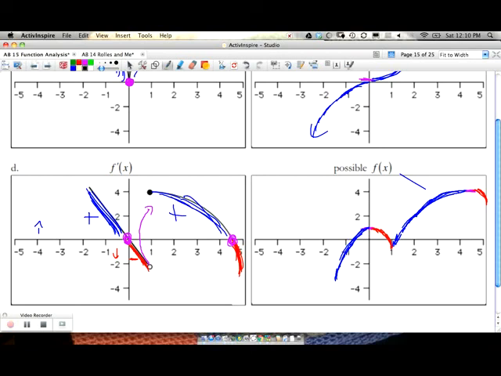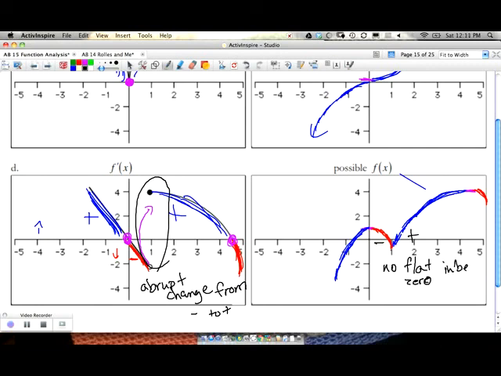So what's key in this one that kind of stands out? It's this point right here. It's an abrupt change from negative to positive. That means that we're changing abruptly from negative to positive and no flat, no 0 in between.